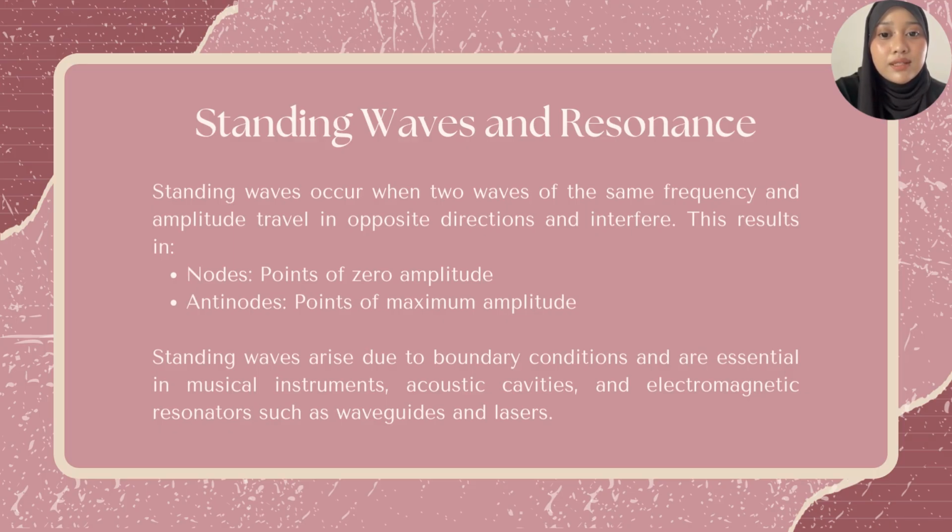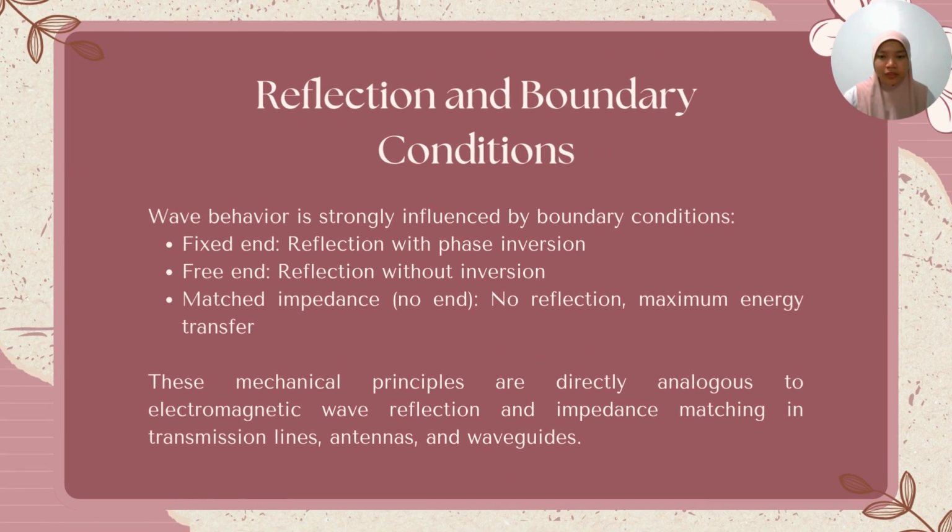Standing waves arise as a result of boundary conditions and are important in many engineering applications. For example, in musical instruments and acoustic cavities, standing waves determine resonance and sound characteristics. In electromagnetic systems, standing waves are formed in resonant structures such as waveguides and lasers, where resonance is used to enhance a specific frequency.